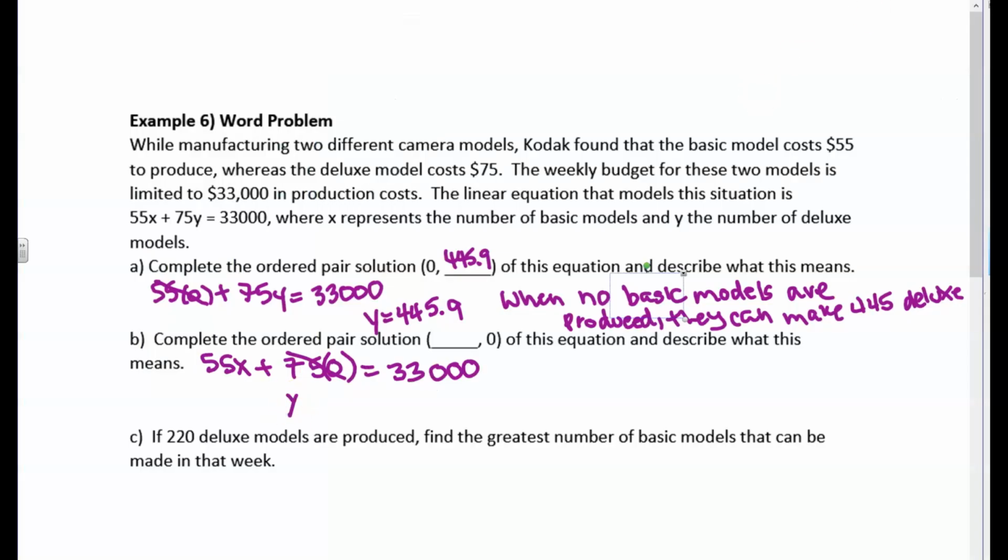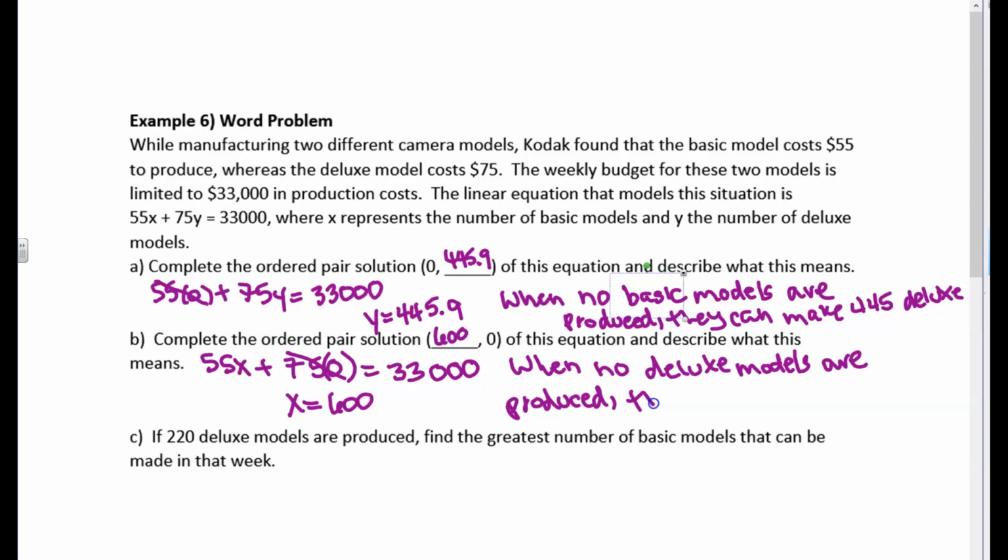So that means your x value here is 600. So when no deluxe models are produced, they can make 600 basic.